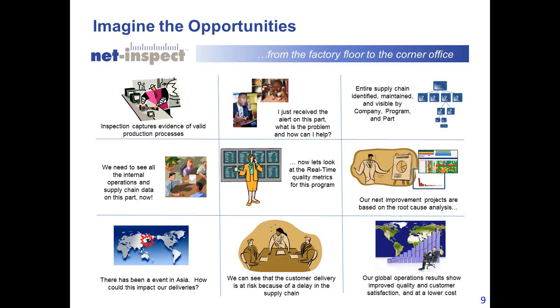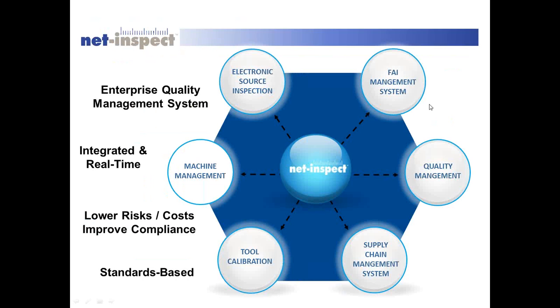We do that through a series of NetInspect modules. Many of you are familiar with the FAI module. Another major module is the quality management module. This is what's used for ongoing production, statistical process control, inspection tags, and those kinds of activities in the ongoing management of production.